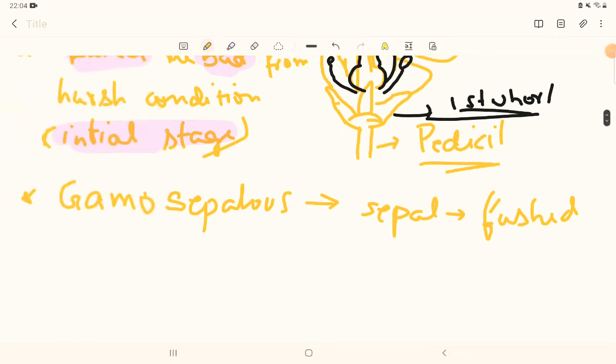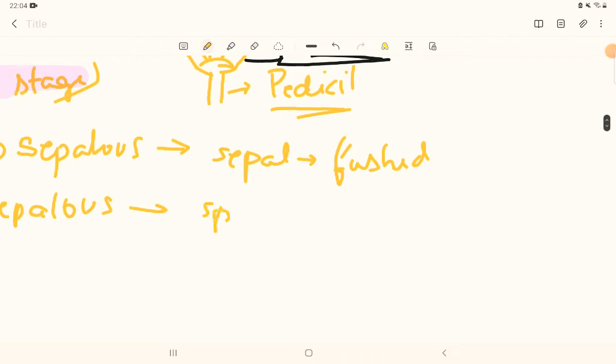The next type is called polysepalous, where the sepals are free. Basically, they are free.